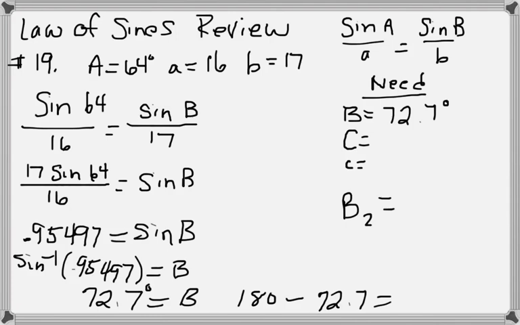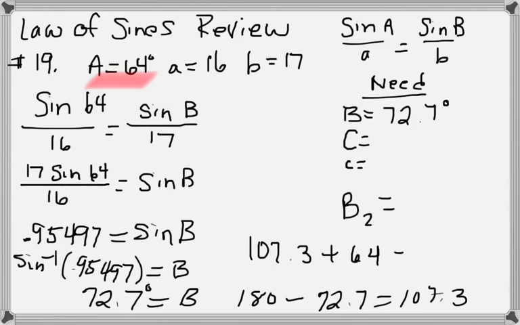If the second triangle exists, then what you just did, the 107.3, is going to be your second B. But is that a possibility? A very quick, easy way to check that is you take the original angle that they gave you and add it together with the one that's theoretically B2.